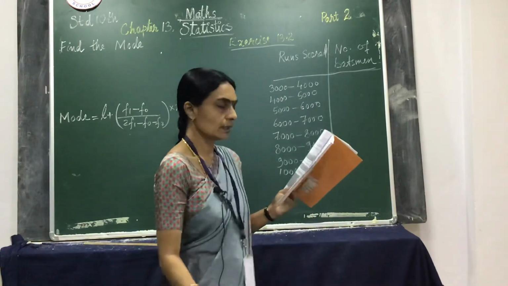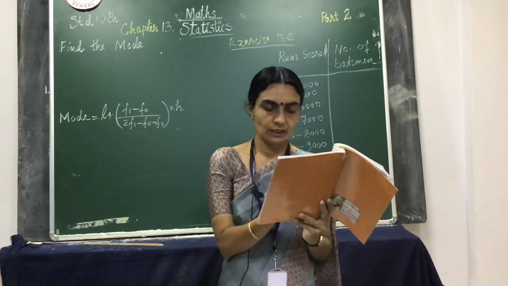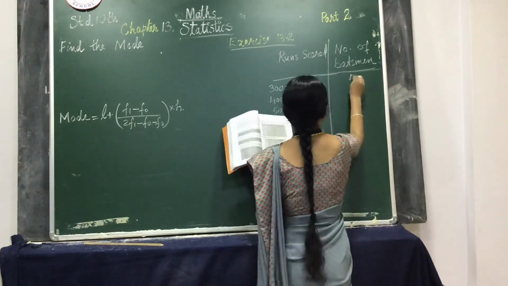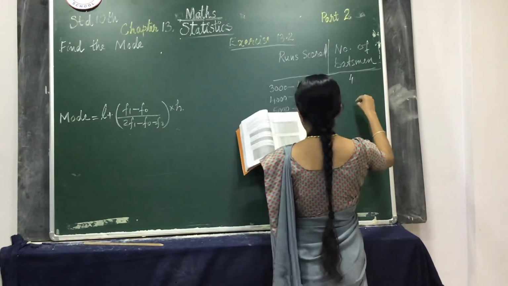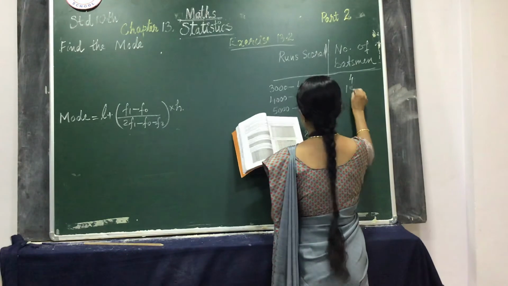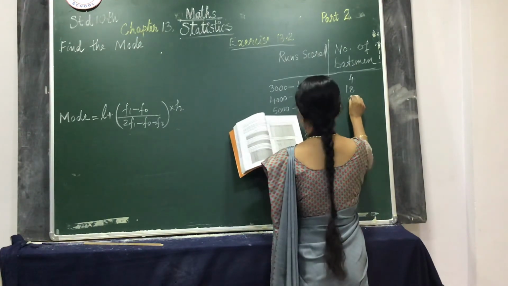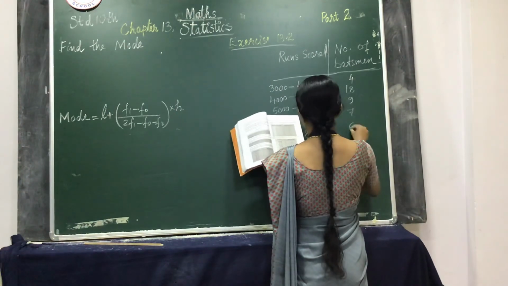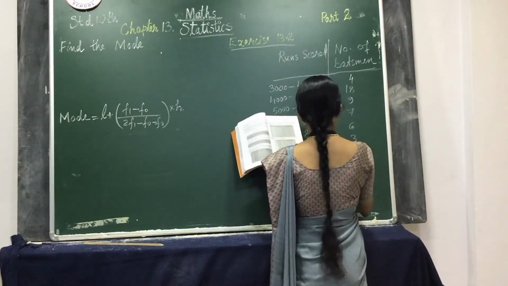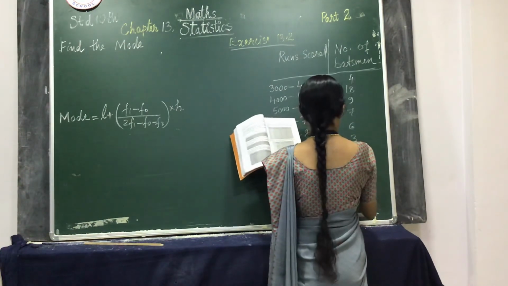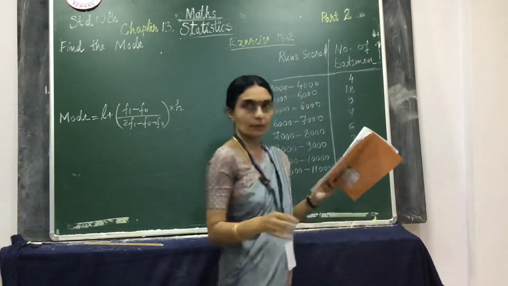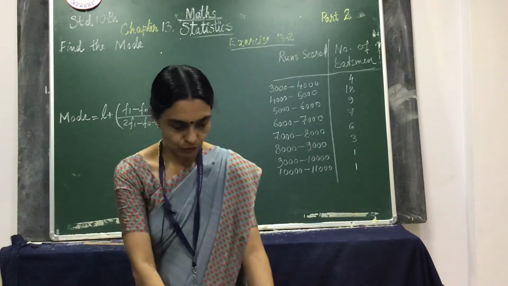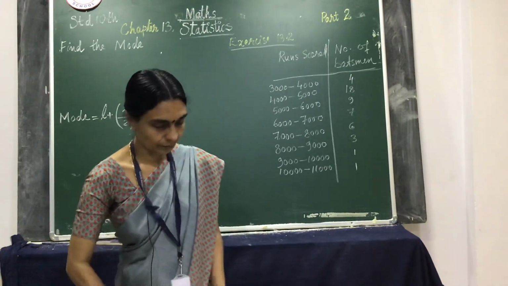Now here the number of batsmen who scored in these class intervals are 4, 18, 9, 7, 6, 3, 1, 1. Here the runs scored by the batsmen are given and we have to find the mode of the given data.